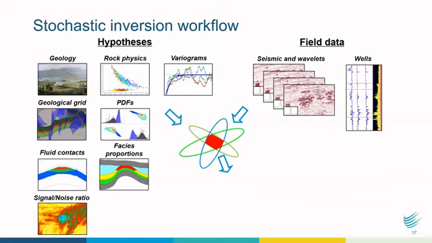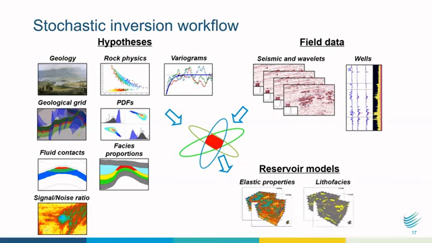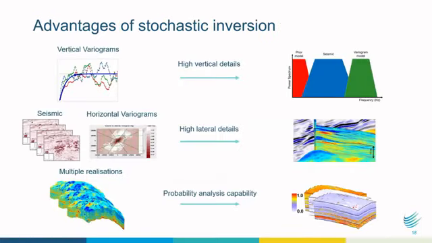The choice of algorithm depends on the software you use. In Hampson Russell, we have sequential Gaussian simulation. In JSON, we have Markov chain Monte Carlo algorithms. And we use these algorithms to obtain final results in the form of reservoir models. And the detail of these models is unattainable when using deterministic algorithms.